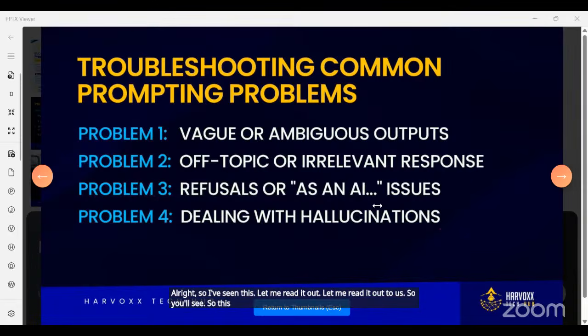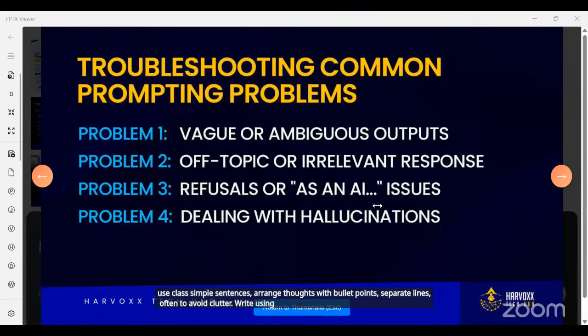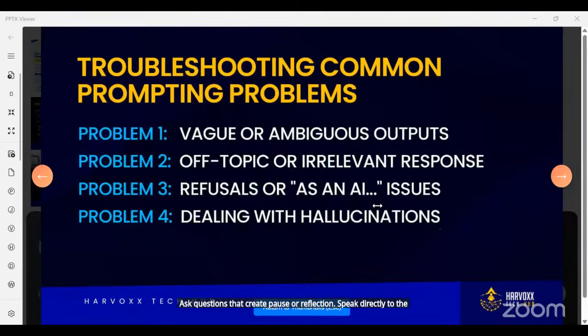So this is a prompt, right? And I want to put this prompt before I even write any other thing. Do you understand? So something like: use clear, simple sentences, arrange thoughts with bullet points, separate lines often to avoid clutter, write using active structure, focus on actions the reader can take, support ideas with facts, stories, or real examples, ask questions that create pause or reflection, speak directly to the reader, stay away from idioms or poetic phrasing, don't say always or never, stick to what's accurate.